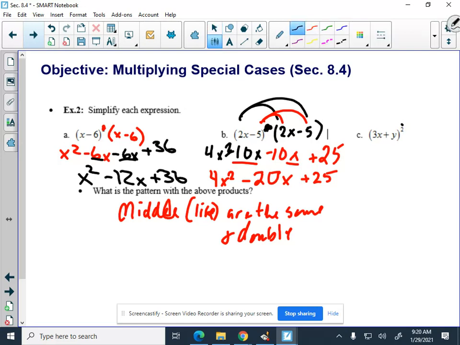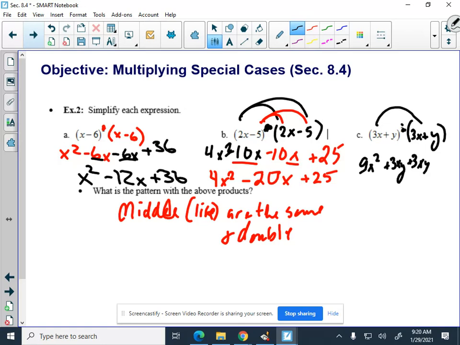Okay, so 3x plus y and 3x plus y. First, I'll scribble this out. I'll put another 3x plus y. 9x squared. 3x times y is plus 3xy. Y times 3x is plus 3xy. Now you could write it 3yx, but we always go alphabetical.